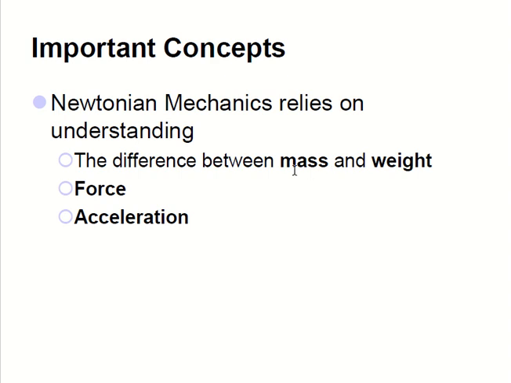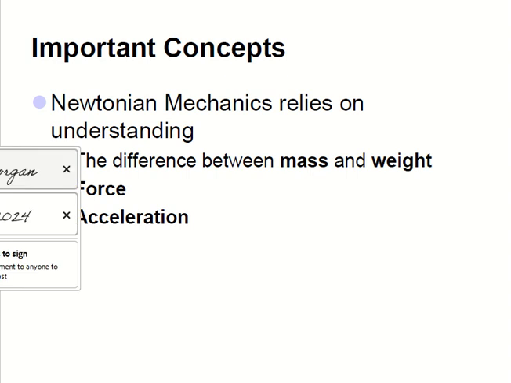So here we know what mass is and we know what weight is, and what the difference between the two is. Mass does not have a direction. When you think about weight, there is a direction, where this weight is going. Weight is a force. Where's my pen here?